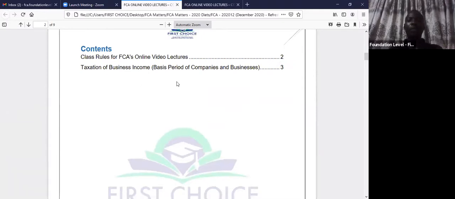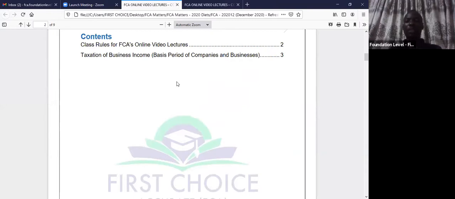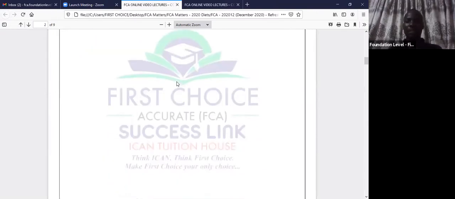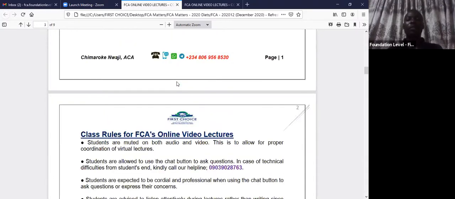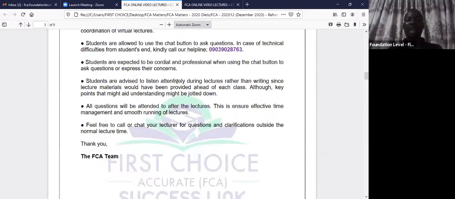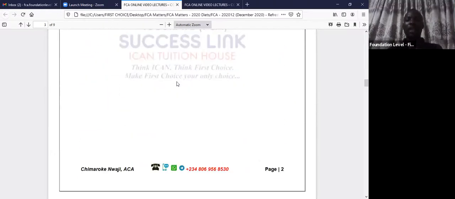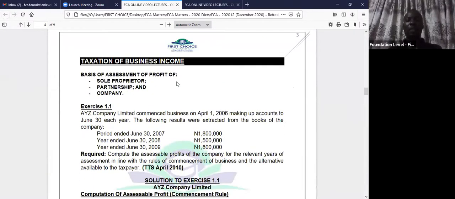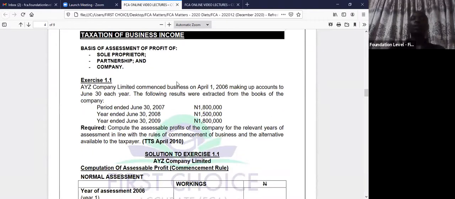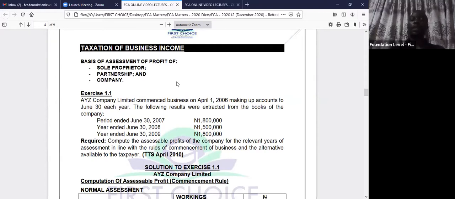So we'll be looking at basis period of companies and businesses. When we say businesses, we mean any type of business, which is either company, sole proprietorship, or partnership. Okay, so we'll be talking about the basis period.